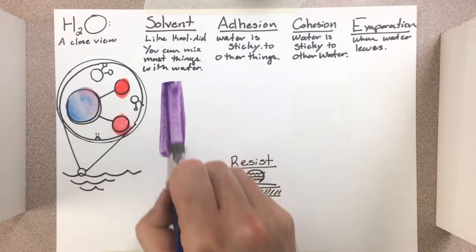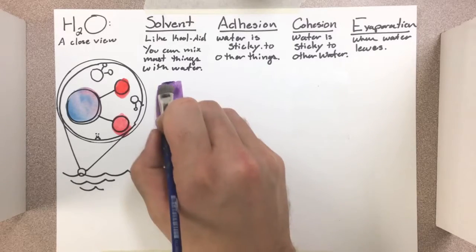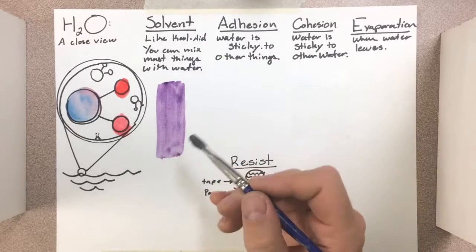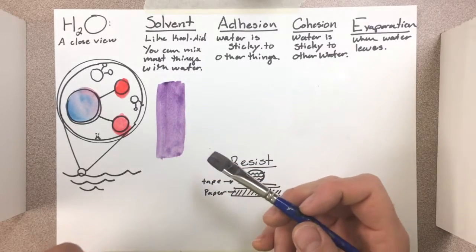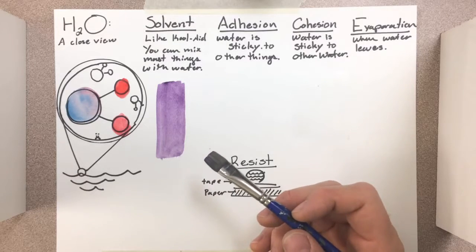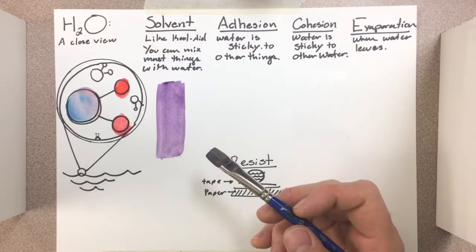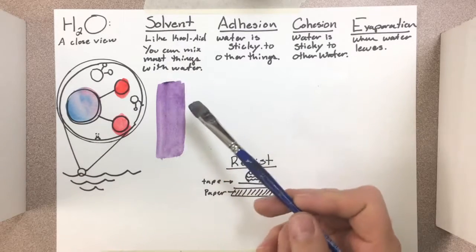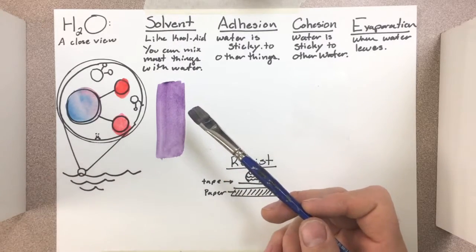Anytime you've made Kool-Aid, you have actually made a solution and used the dissolving properties of water. When you drink Kool-Aid, it doesn't taste grainy or powdery or anything like that. It just tastes like a liquid. That's because the powder is dissolved in the solvent we call water.